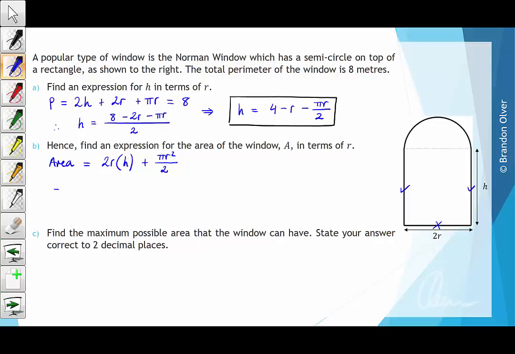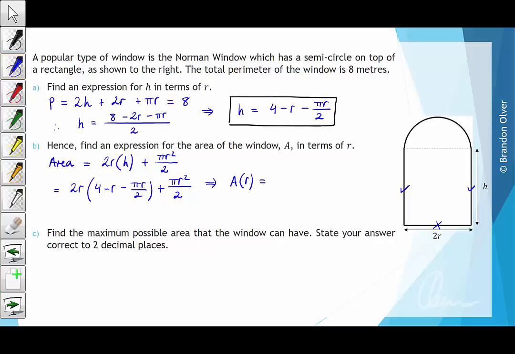Then we replace the h with the expression we found in part A, so we get 2r, and then we multiply that by 4 minus r minus pi r on 2, and then we've still got added on pi r squared on 2.